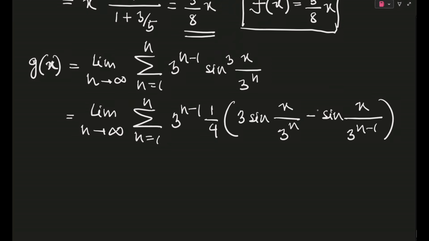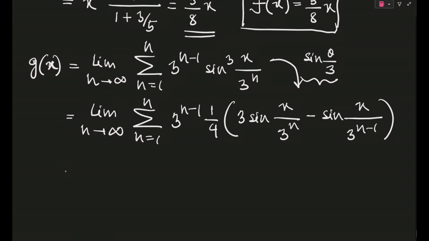Okay guys, I actually said something wrong. I'm sorry, it's not sine 3 theta. We are trying to convert this into the form of sine theta by 3, I mean submultiple angles. It's not multiple angles, it's submultiple. Because x by 3 power n is given, if it was 3 power n into x, then we might have thought of multiple, but we are trying to convert it into submultiple angles.